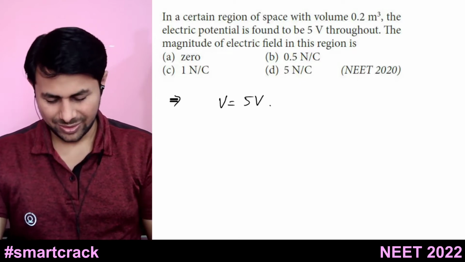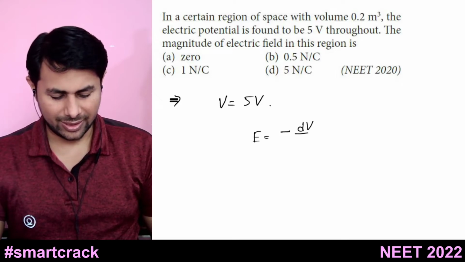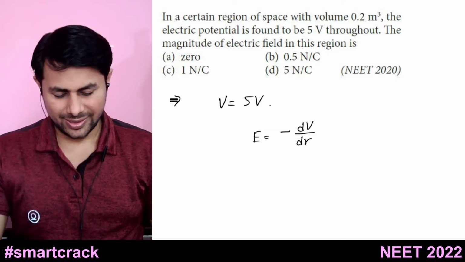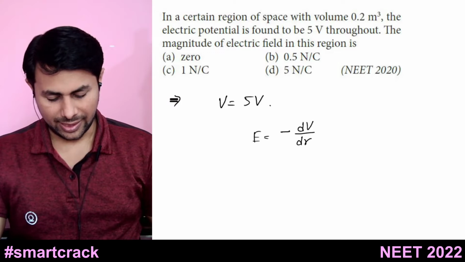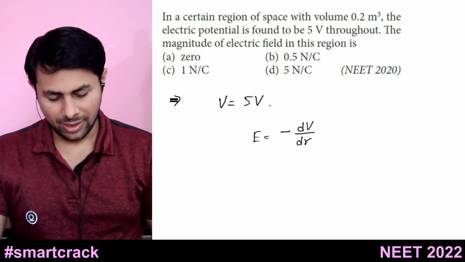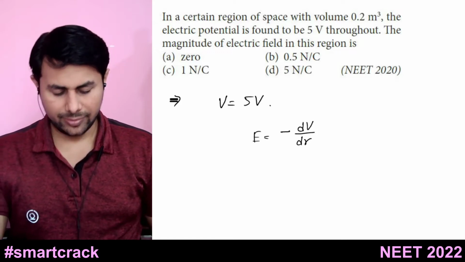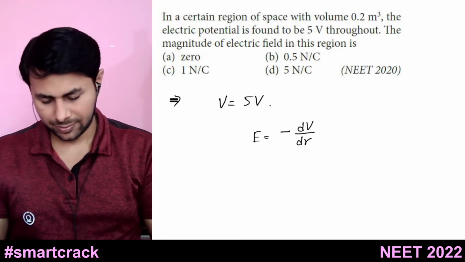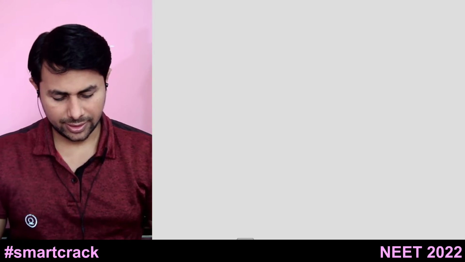So we saw the electric field is given by minus dV by dr. So it is the change in potential with respect to distance, and here the potential is constant, right? There is no change in potential, it is 5 volt throughout. Therefore, since there is no change in potential, the electric field will be 0. The option A. All right, this is simple.